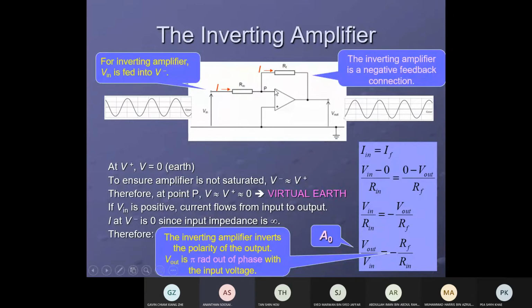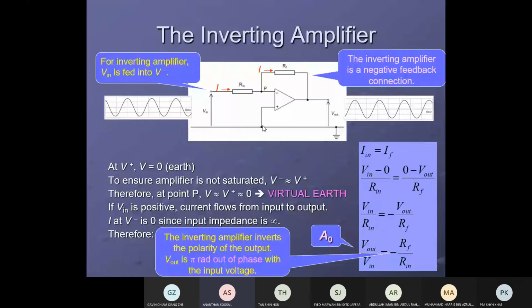So the inverting amplifier has two features. One, it has feedback. Another, the input will be at the negative input. The positive will be earthed.